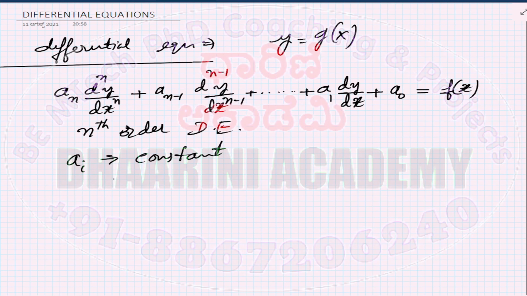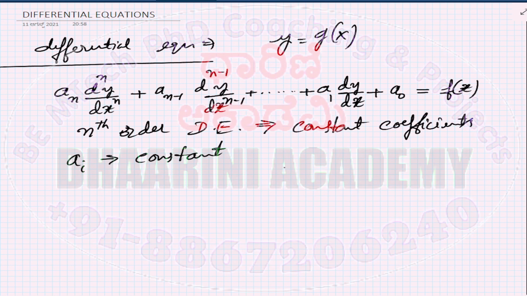Since the coefficients of your differential terms, each d by dx, are multiplied by a constant, you call this an nth order constant coefficient differential equation.